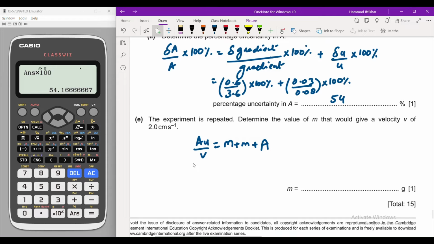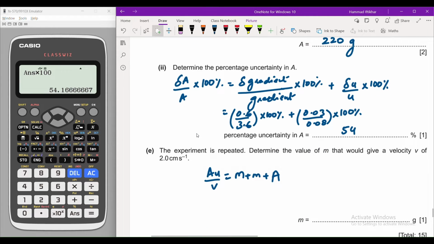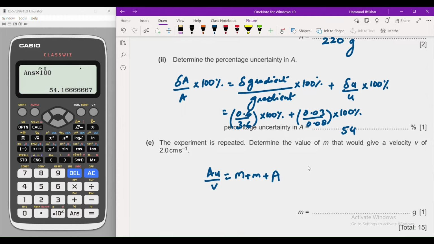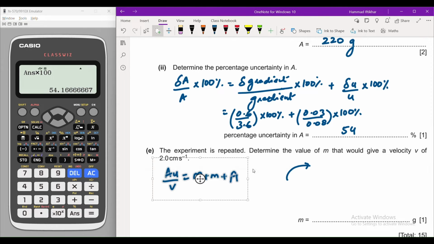So U was 13, we calculated U to be 13. Right. So mass would be, oh, sorry, no. So mass could be, let's make m the subject. That would be AU over V minus capital M minus A.